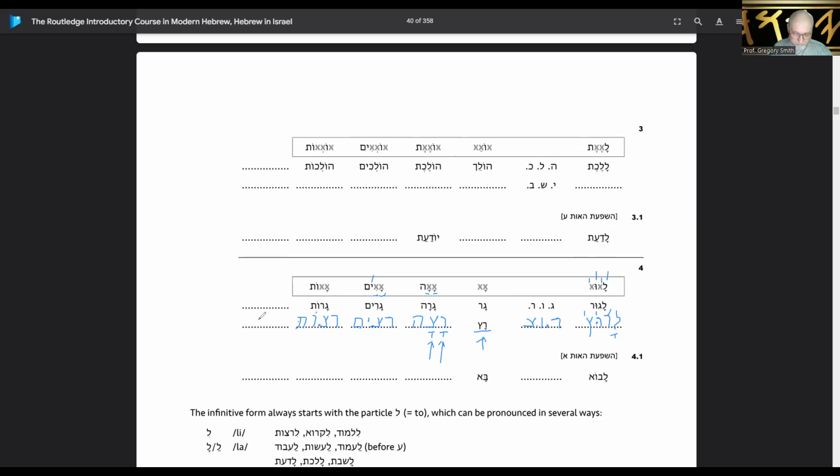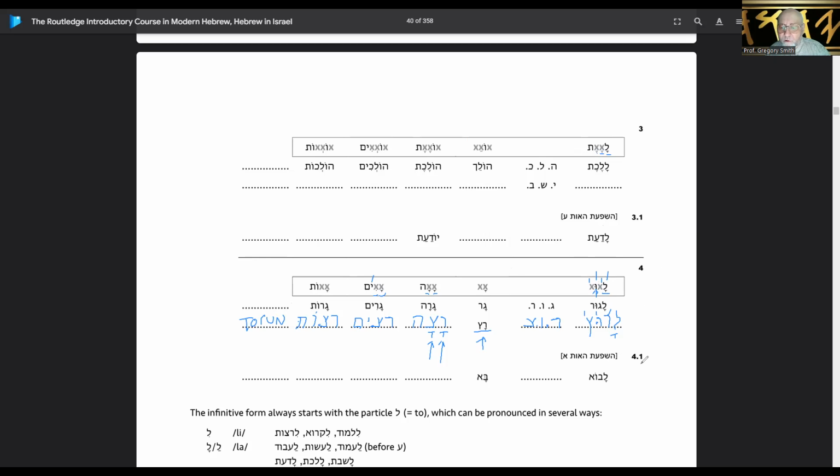Okay, ratzot. And it means to run. Okay, so this is this pattern. These are all patterns here. Kametz segol pattern versus a kametz shurik pattern for verbs. So they're trying to get you to see and look for patterns within verb forms.